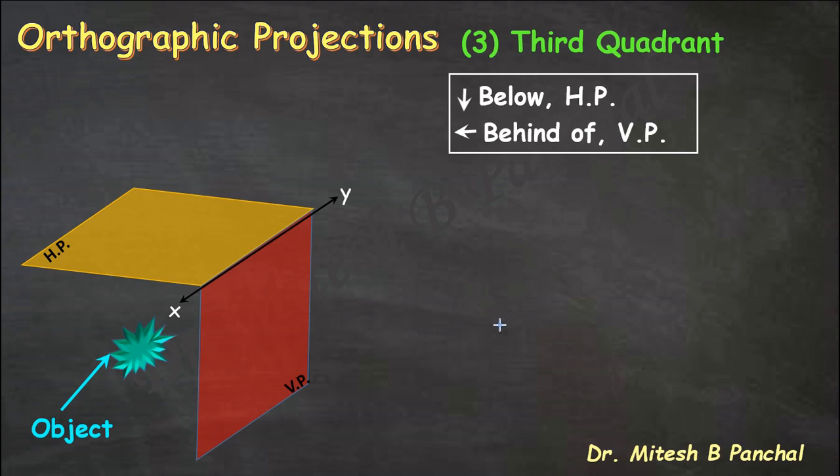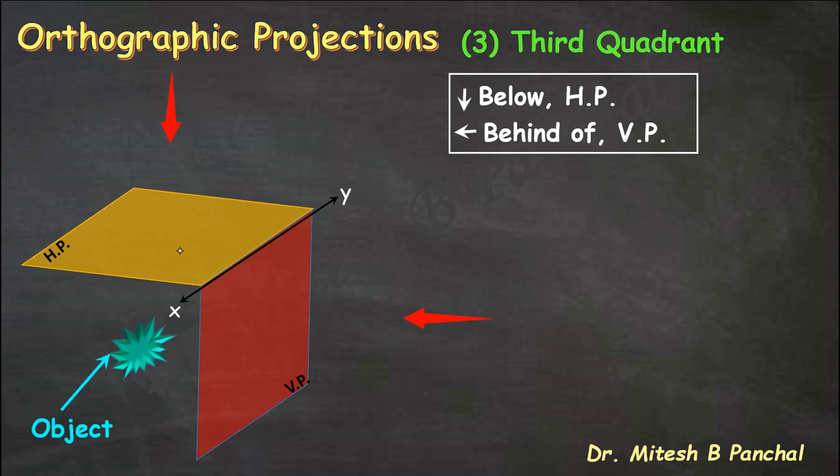Viewing direction for front view is fixed. From this side you are viewing for the front view, and this is the direction for the top view. So here for the front view as well as for the top view, the planes of projection, HP as well as VP, are in between object and observer.